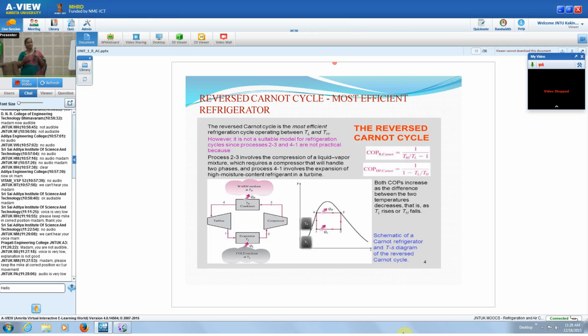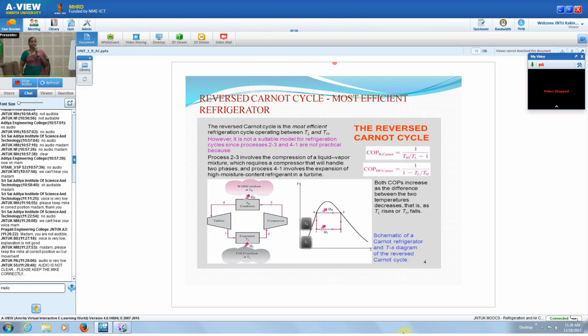In the same way, we can find the COP of the heat pump, which is equal to 1 by (1 minus TL by TH). Both COPs increase as the difference between the two temperatures decreases. If you see the COP of the refrigerator, that is TL by (TH minus TL). When TL increases, what will happen?